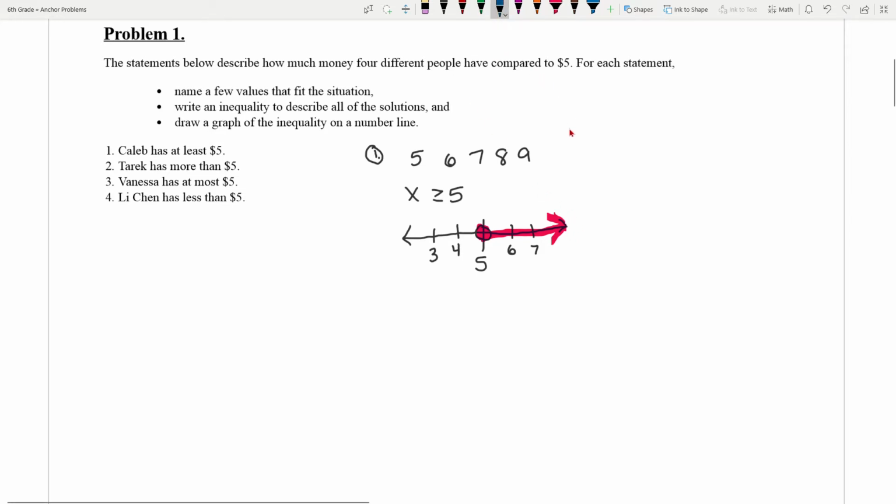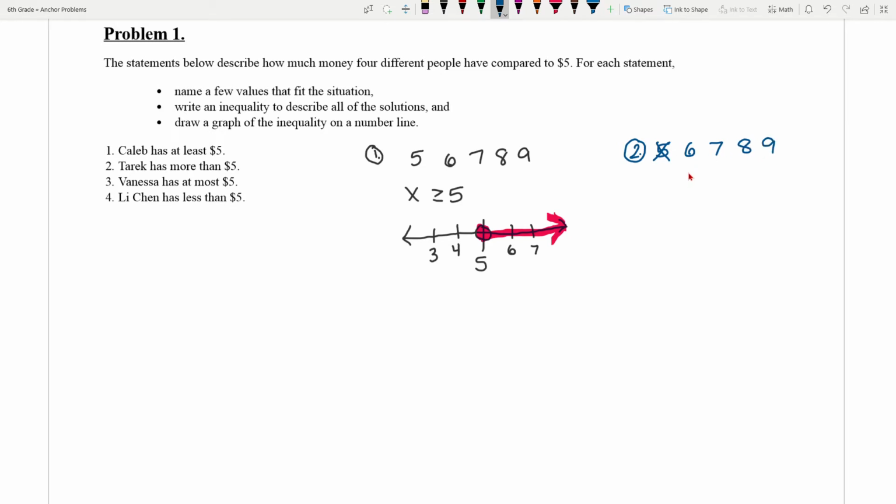Number 2, Tarek has more than $5. Well, is this different than at least $5? Is $5 more than $5? No. So $5 actually is not true. What about 6? Is $6 more than 5? Yes. 7? Yes. 8, 9, and so on.